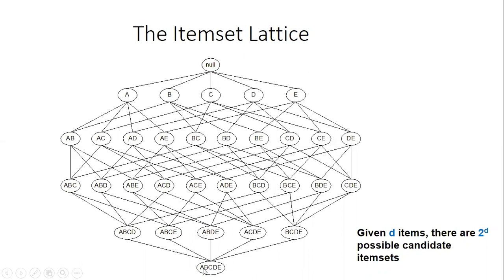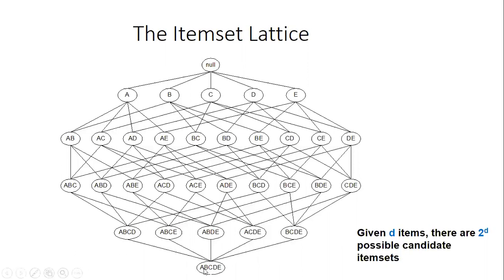An item set is nothing but a collection of items, so a 5 item set means the set has 5 different items, say A, B, C, D, E. A can be bread, B can be butter, C can be egg, like this.